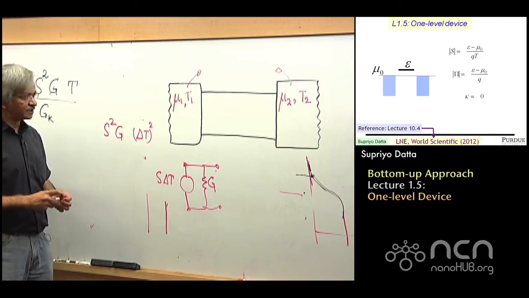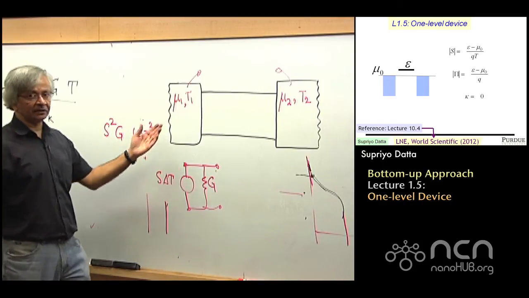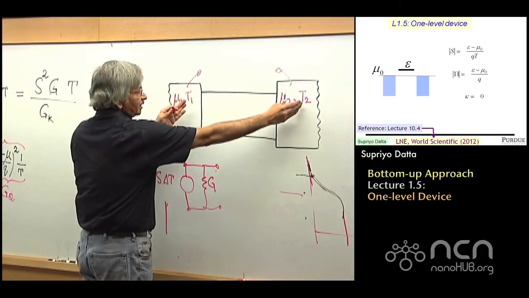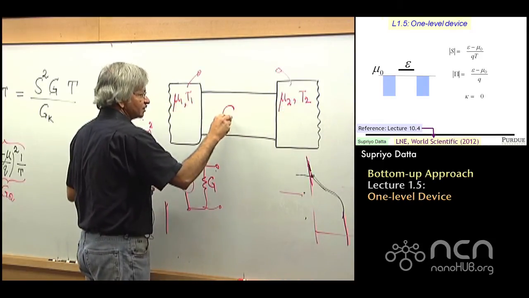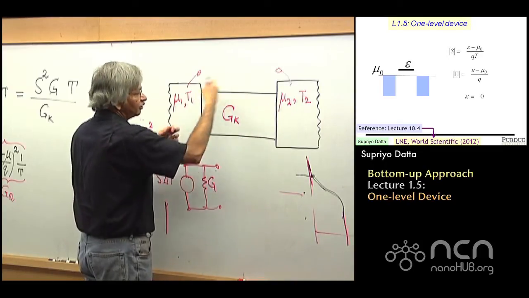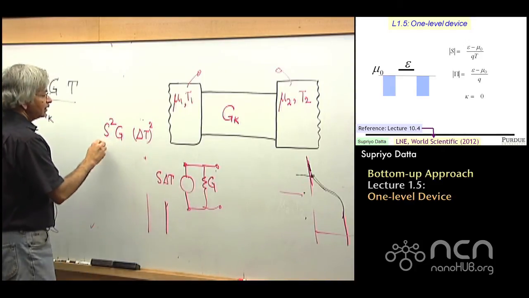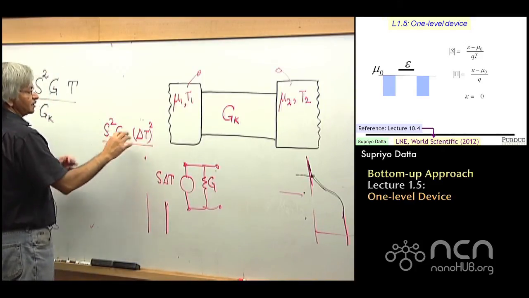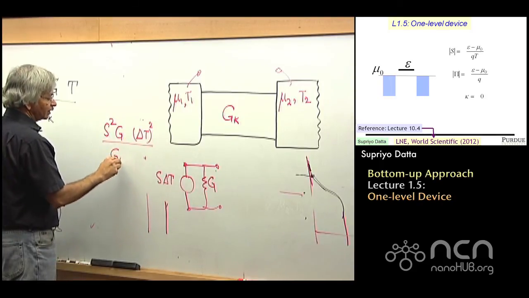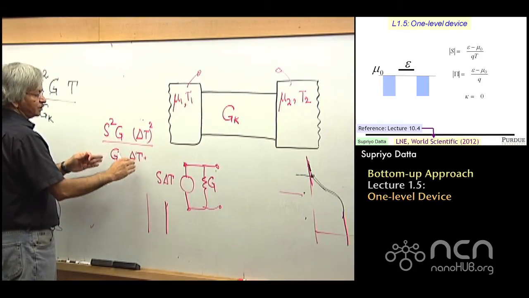Now in terms of efficiency, you have to maintain this delta T across the device, but how easy it is to maintain a temperature difference depends on this thermal conductivity GK. If it's thermally very conducting, then you cannot maintain this temperature difference so easily. So a good figure of merit is the amount of power you can get out of it divided by the power that you have to continually provide in order to keep the temperature difference.